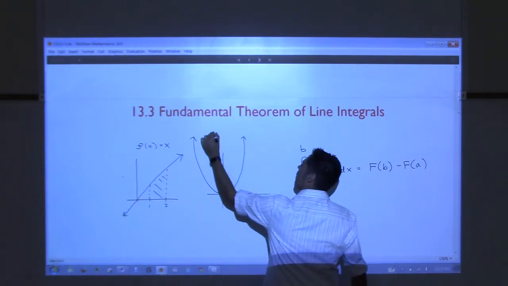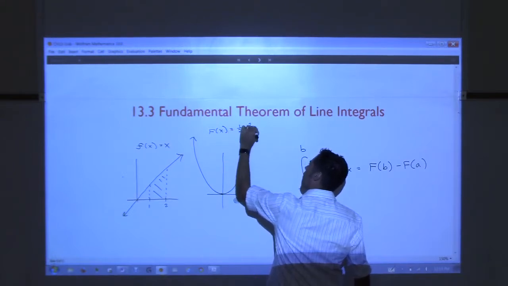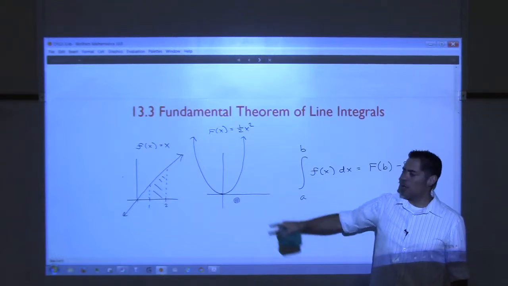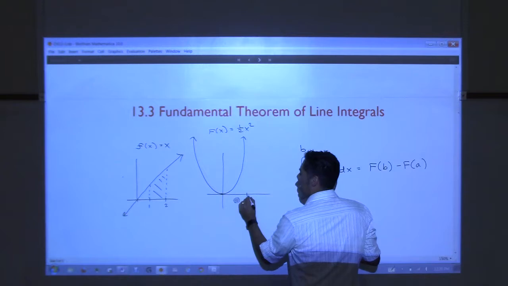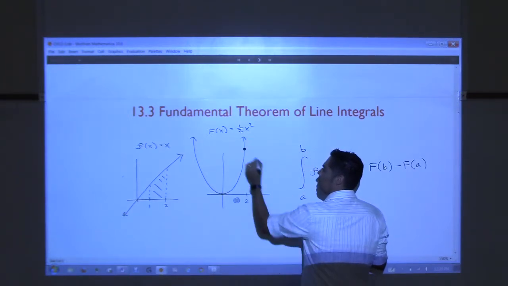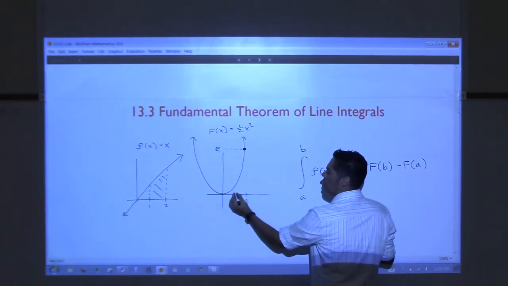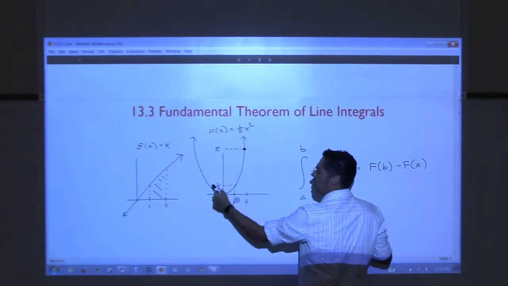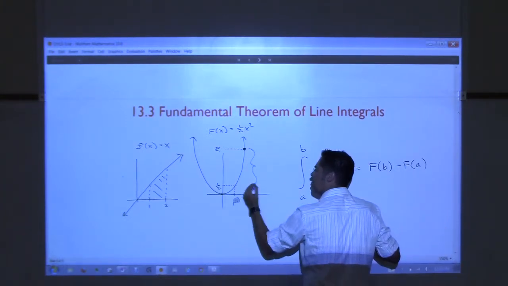Its antiderivative, capital F of x, is equal to 1/2 x squared. This area is equivalent to plugging 2 into this function. What do we get if we plug 2 in there? You get a height of 2 here. And then you plug 1 into this function. What would you get? You get 1/2. And if you take that 2 and subtract that 1/2, which really means the distance between these 2 points.